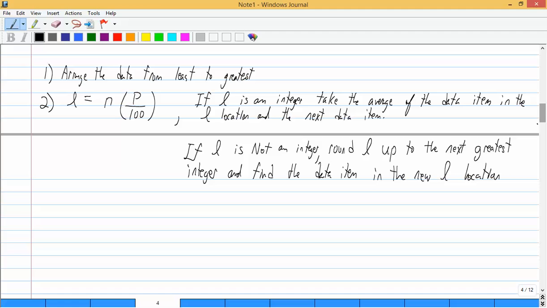Alright, so one of the examples in the book says to find the 50th percentile for the following data set.